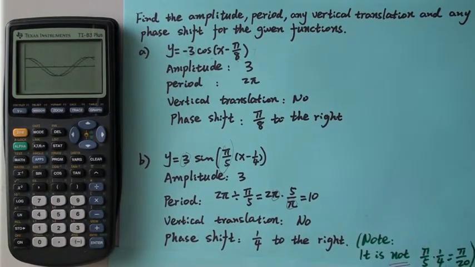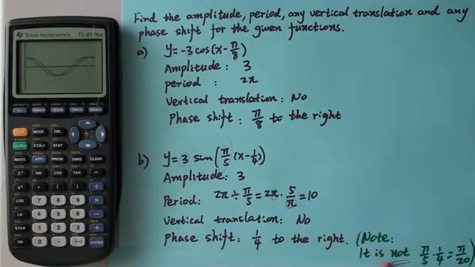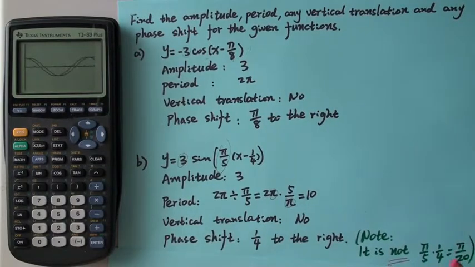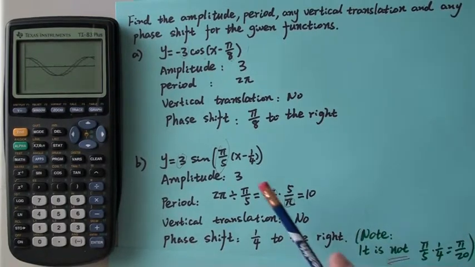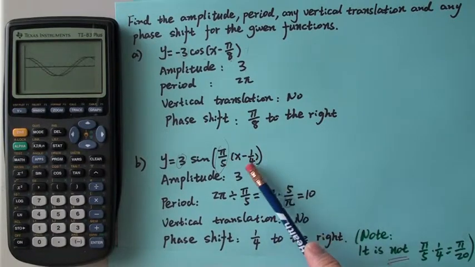Make sure I have a note here: it is not pi over 5 times 1/4 equals pi over 20. That is not the shift. The shift is 1/4, because the pi over 5 quantity is totally outside of x minus 1/4.